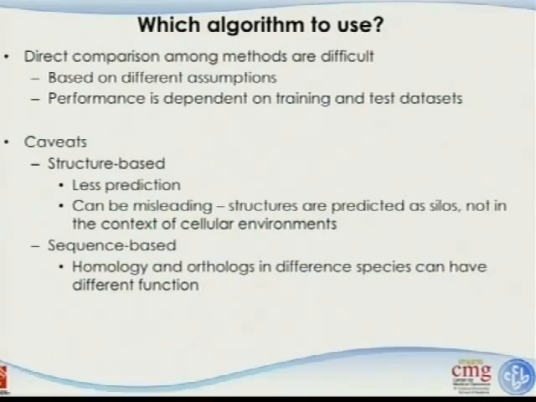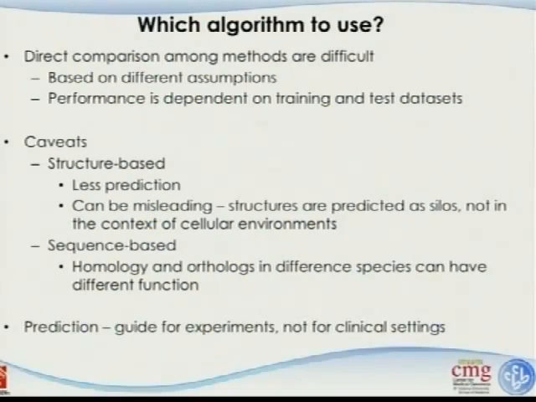For the sequence-based algorithm, the homologs and the orthologs in different species can have different functions, but this will be violating their assumptions. So sometimes the sequence-based algorithm is not really accurate as well.